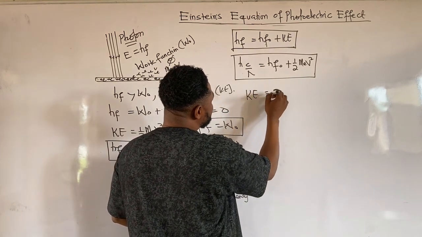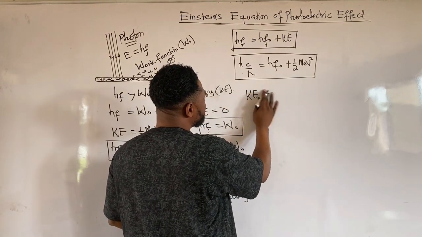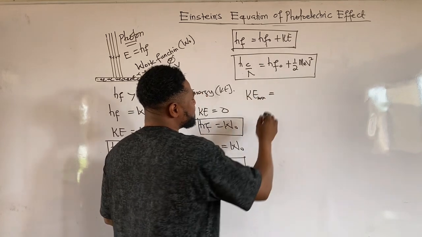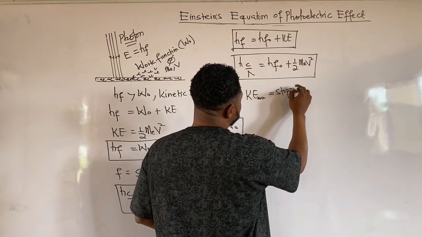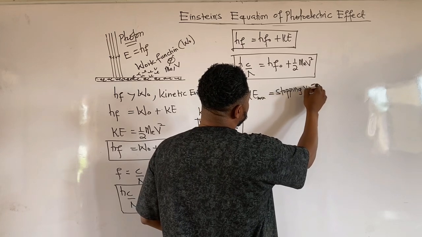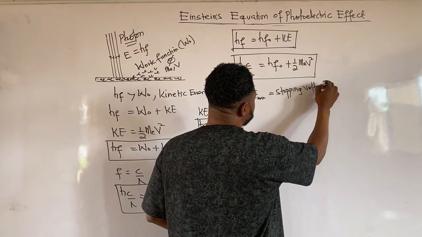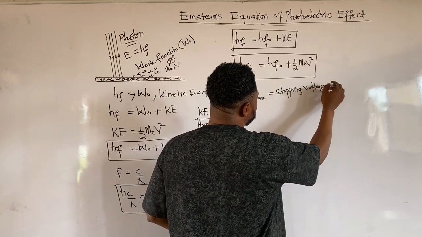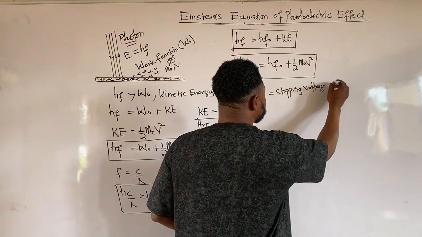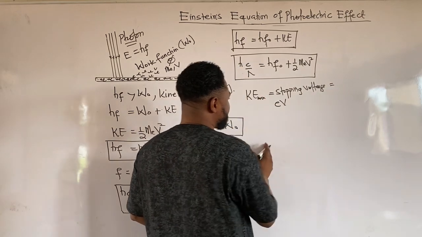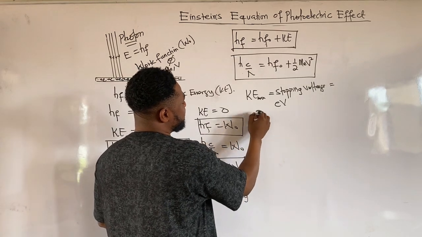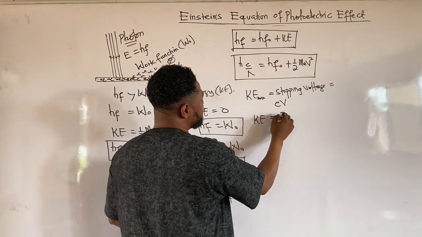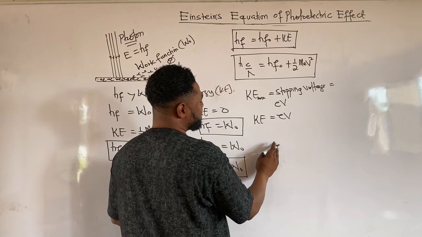Now let us look at this kinetic energy here. Now this kinetic energy at maximum, we say is equal to what we call stopping voltage, which is measured in eV, that is electron volt. So from this analysis, we can say kinetic energy should be equal to eV.